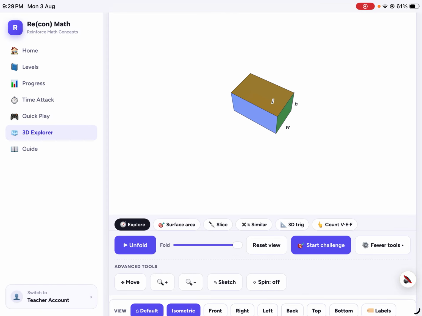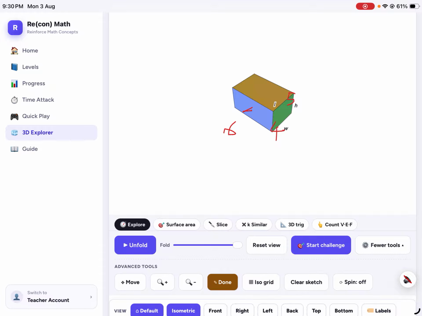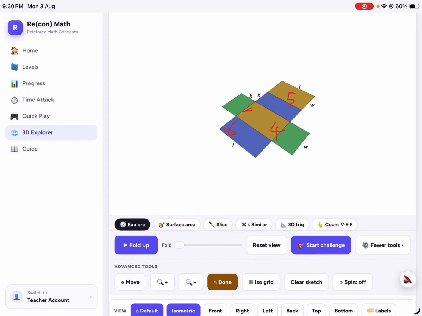Let's see if this works. 6 by 4 by 5. From here you can see that when it opens up, the 6 is the length here, the blue one.